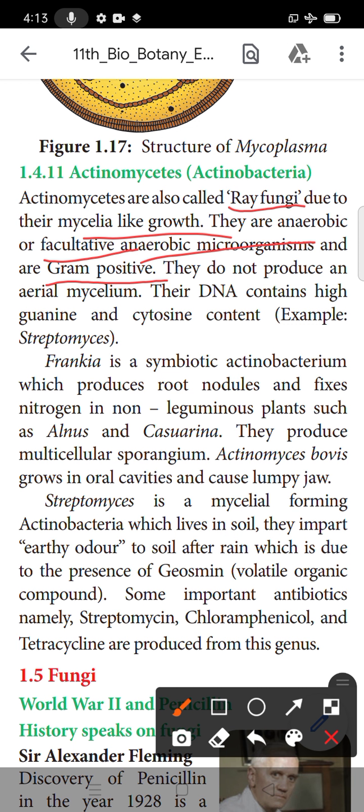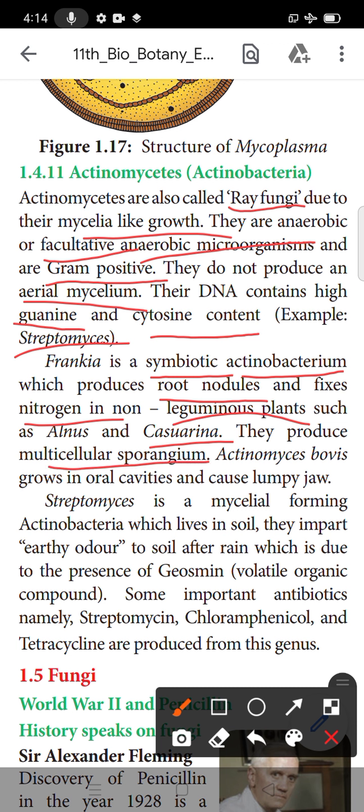DNA contains high guanine and cytosine. Example: Frankia is a symbiotic actinobacterium which produces root nodules and fixes nitrogen in non-leguminous plants like Alnus and Casuarina. They produce multicellular sporangia. Actinomyces bovis occurs in oral cavities and causes lumpy jaw.